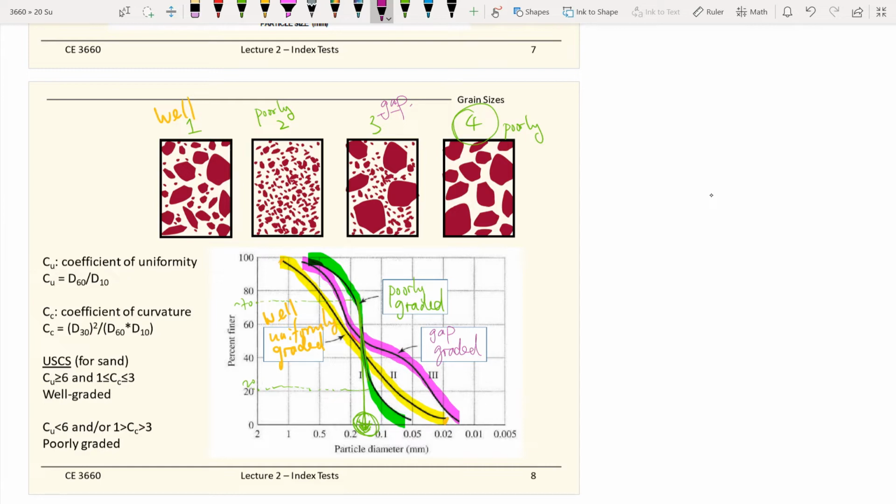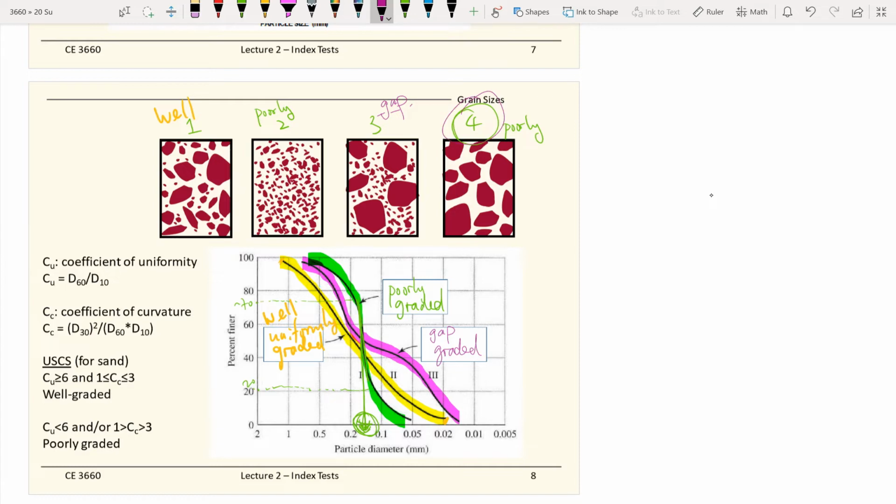If you do all this just by eyeball on the soil samples physically, it's really hard to tell: is that truly well graded or is this truly poorly graded? Some extreme cases like this one here are obvious, it's poorly graded.